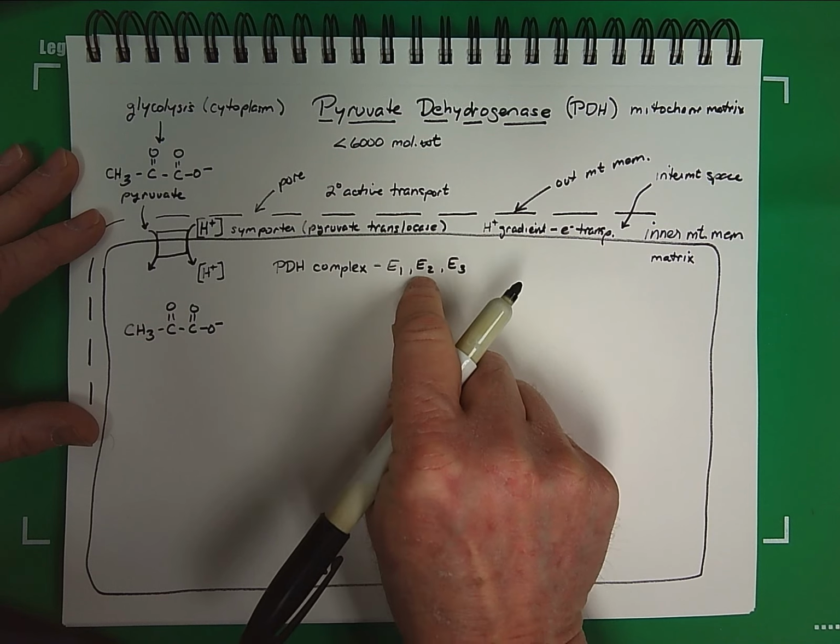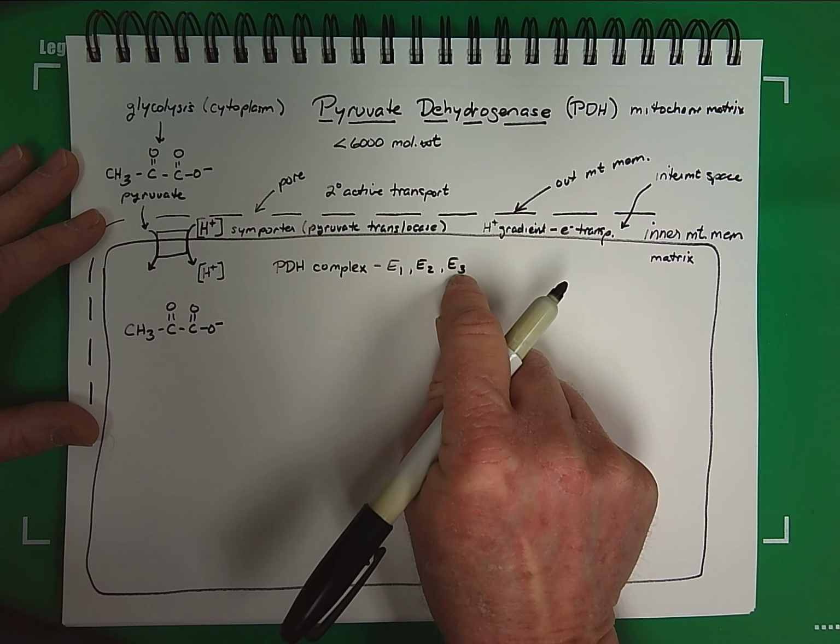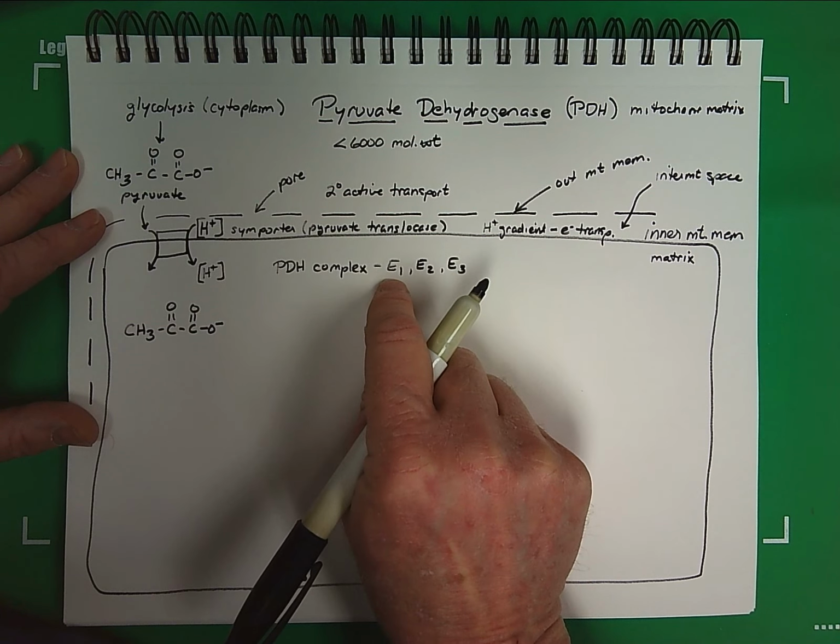And each one of these subunits that form the complex is represented in multiple copies. So the PDH complex has multiple copies of each one of these subunits. Now, each one of these subunits is going to perform a specific reaction with the pyruvate in order to process this to acetyl-CoA. So let's look at first the first enzyme in the complex, E1.